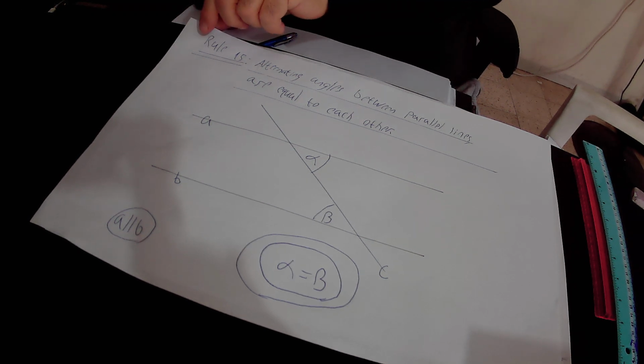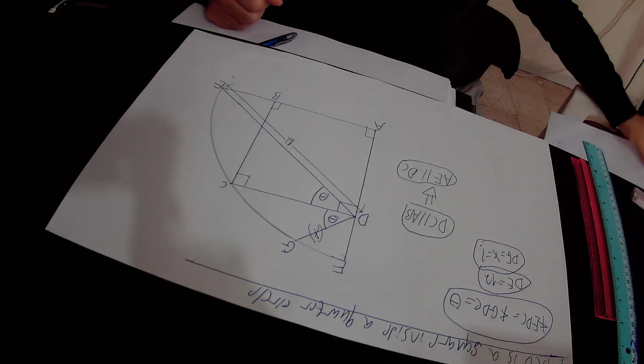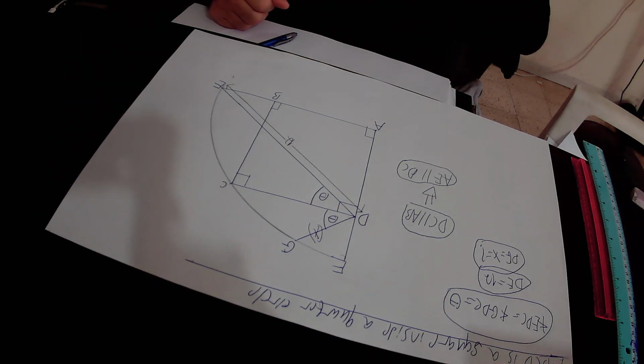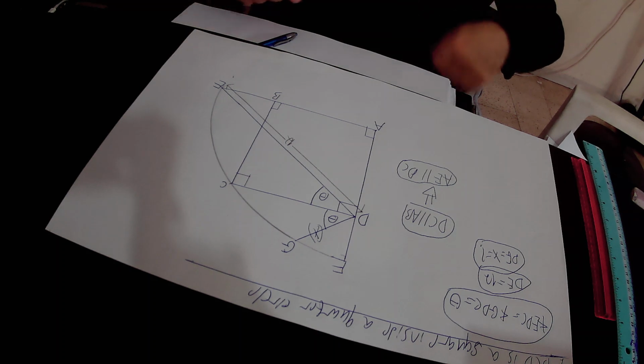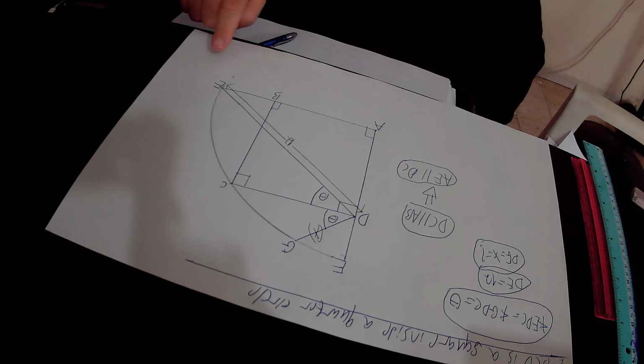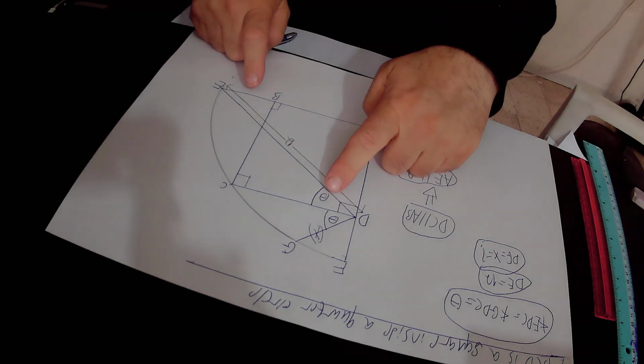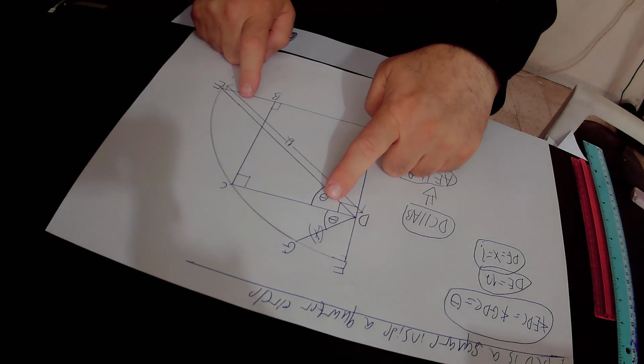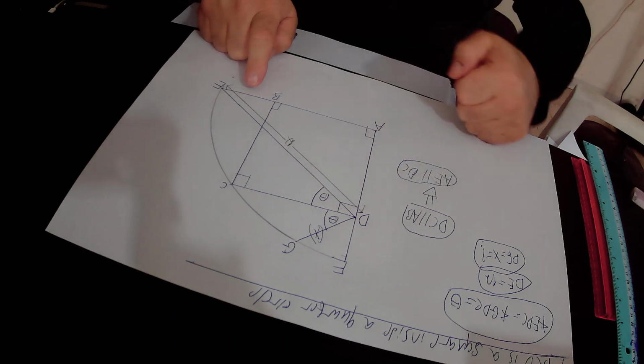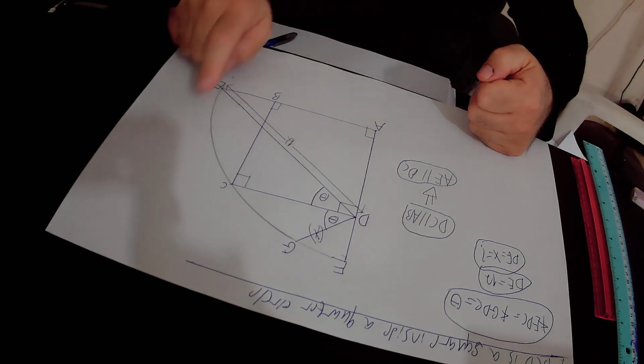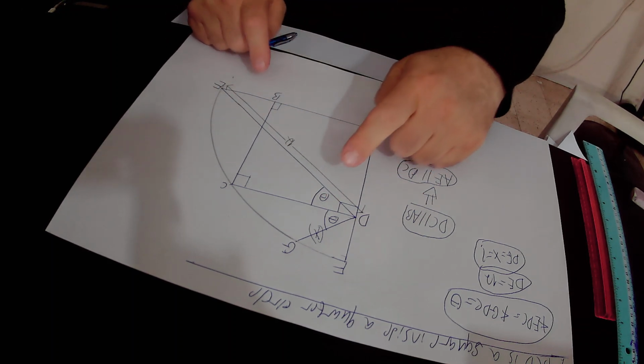So we can implement rule 15 in our drawing, because in our drawing line AE is parallel to line DC. Those two angles are defined as alternating angles and they are located between the parallel lines AE and DC, and therefore they must be equal to each other.